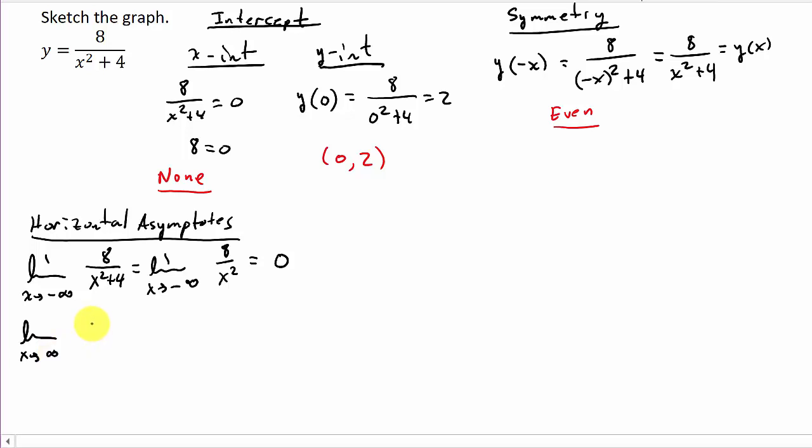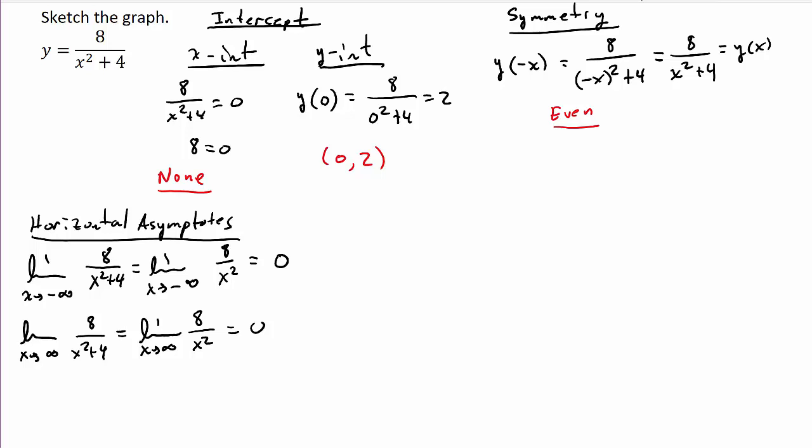And I know on this one, we're going to get 0 also. So the limit as x goes to infinity of 8 over x squared is equal to 0 also. So they're the same thing, so we just have one horizontal asymptote. Now, when we took the limit, we got 0, so that means our horizontal asymptote is at y equals 0.